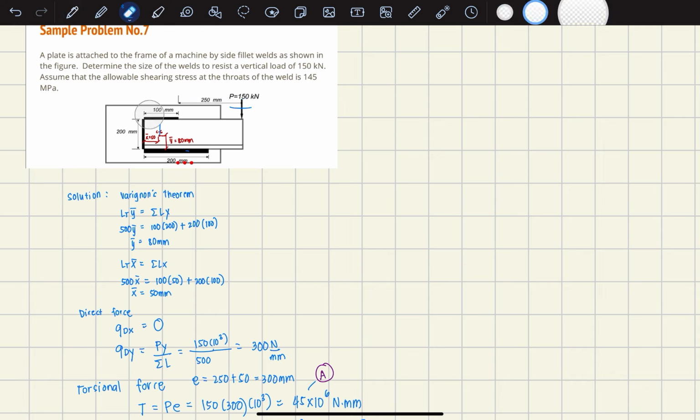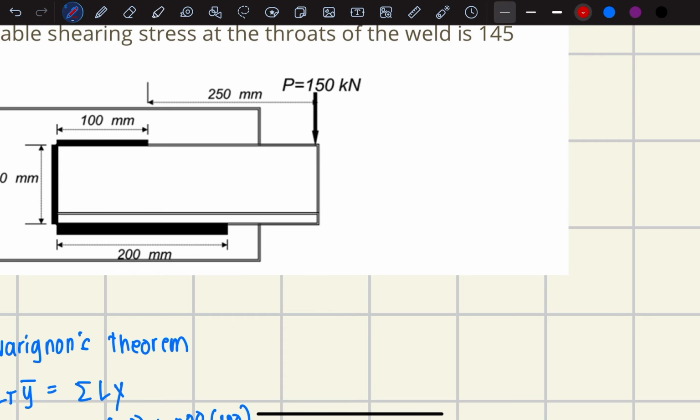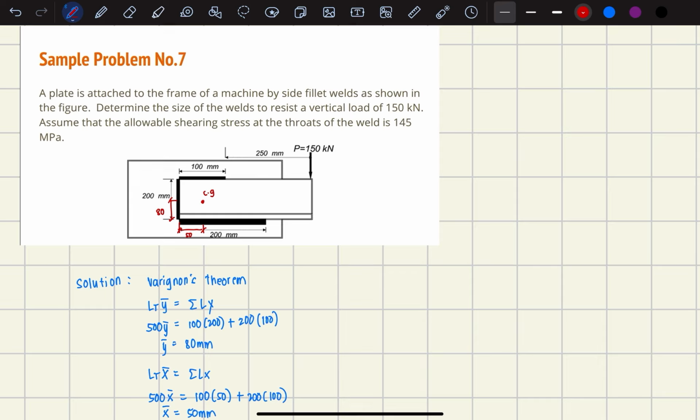So, linisin ko lang yung... So, 80. Then, ito is 50.